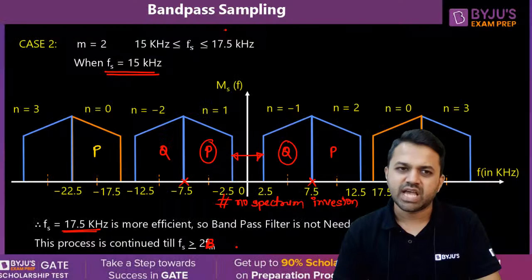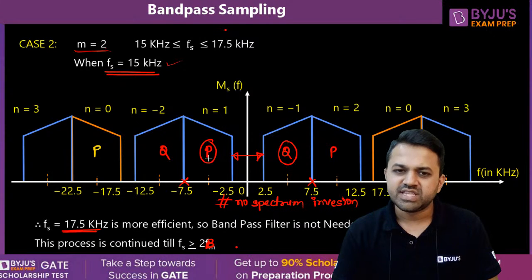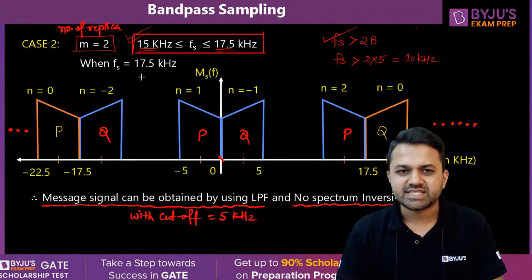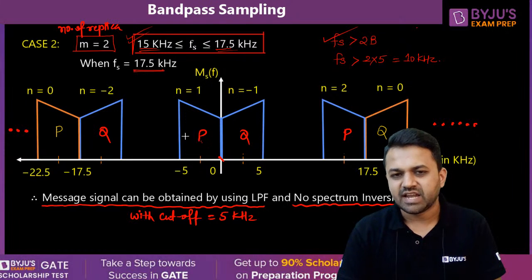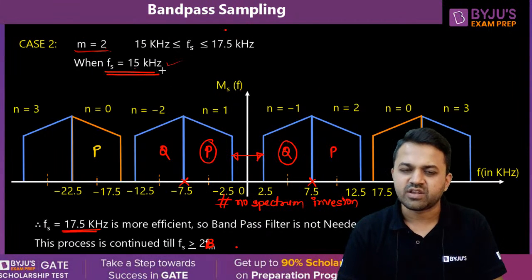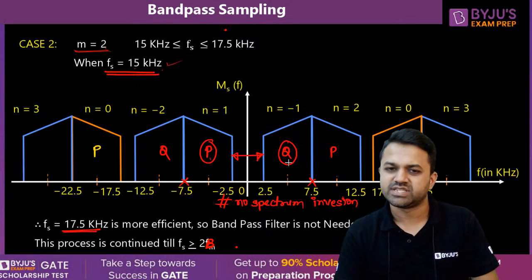So when we choose m equal to 2, whether it is 15 kilohertz or 17.5, this P is still on the left-hand side and Q is still on the right-hand side, same as the original spectrum. So in both cases, P is on the left-hand side and Q is on the right-hand side.